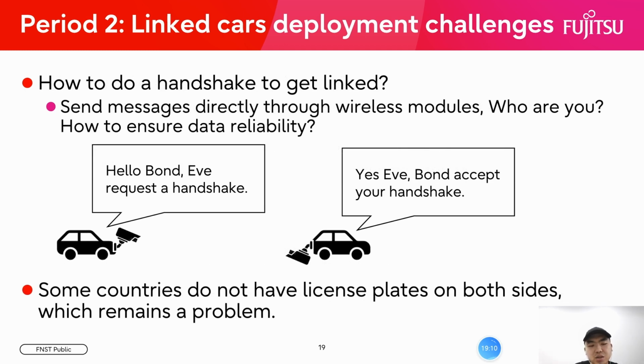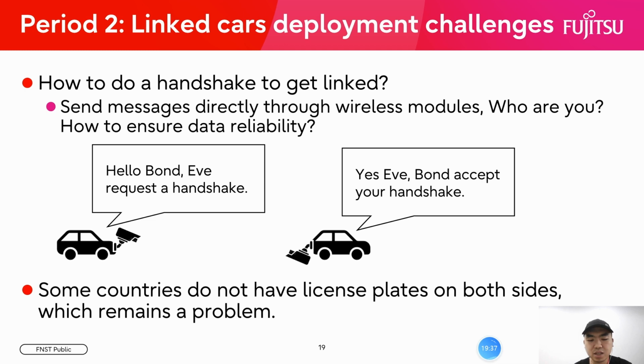So what is the rationale for making this connection? If the wireless data message is sent directly, then the receiver will find it difficult to determine the identity information of the sender. This kind of message lacks authentication and is unreliable.